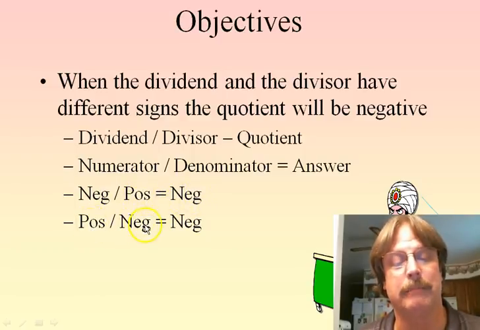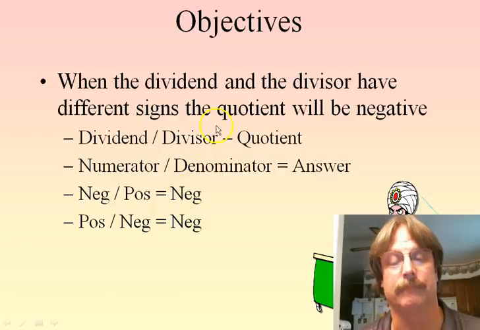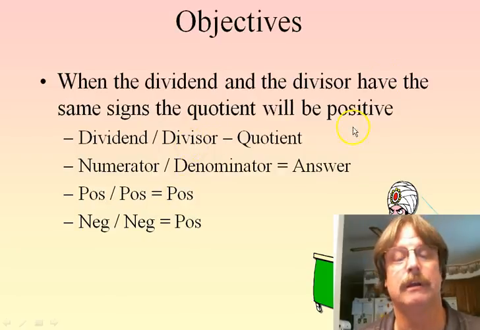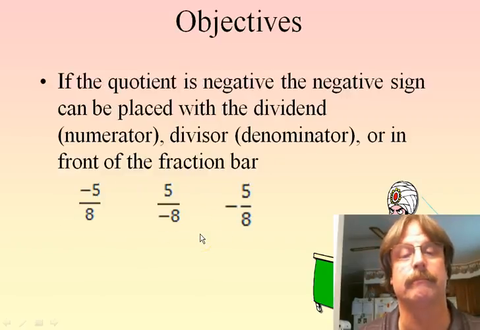A positive divided by a negative is a negative also. When the dividend and the divisor have the same sign, the quotient will be positive. Positive divided by a positive will give you a positive. Negative divided by a negative will give you a positive answer.